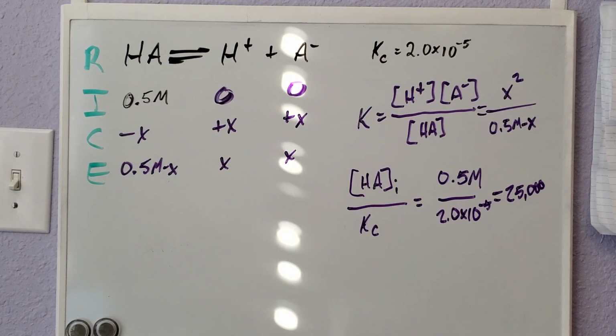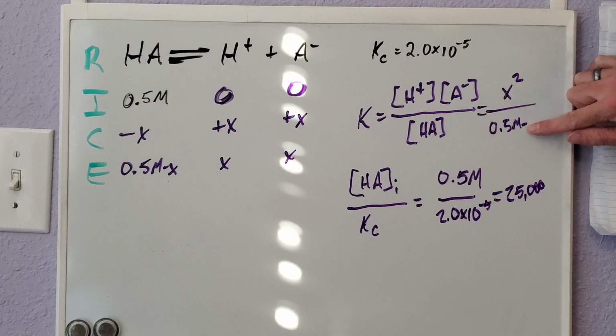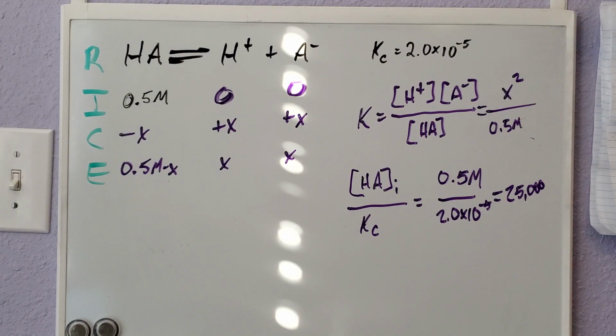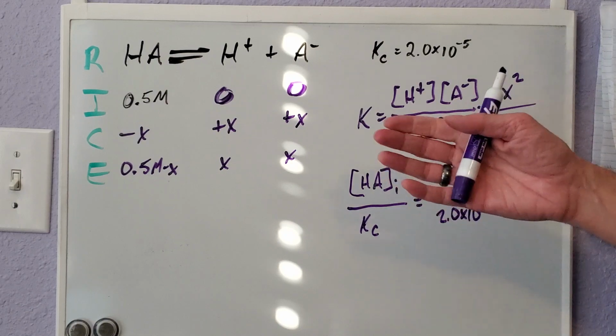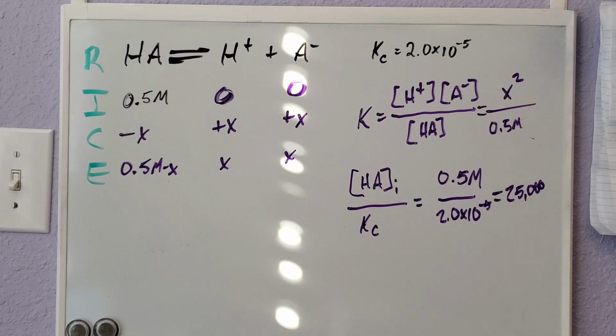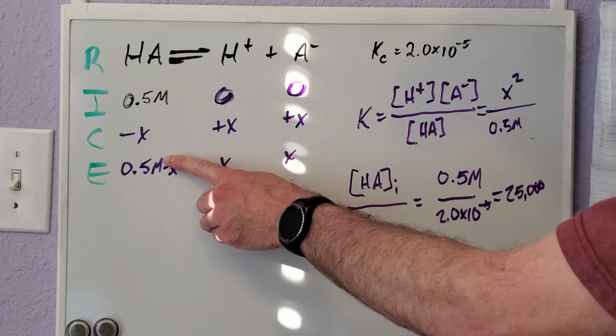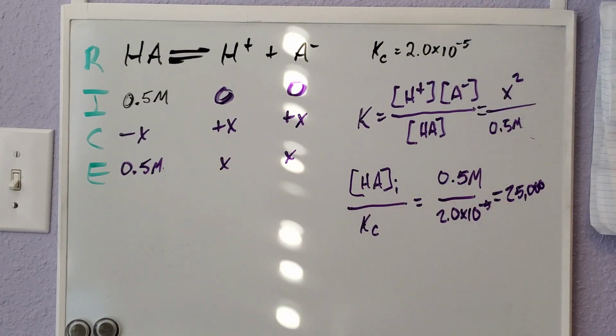Because of that, we can use a safe assumption and get rid of this 0.5 minus x and replace it with just 0.5. Assuming that that number is so negligible that it is not going to be an appreciable amount of stuff leaving, we can assume that our equilibrium concentration is 0.5 because it hasn't changed too much from the initial concentration we started with. And so, if we do all of that, then our math becomes a little bit less complicated.